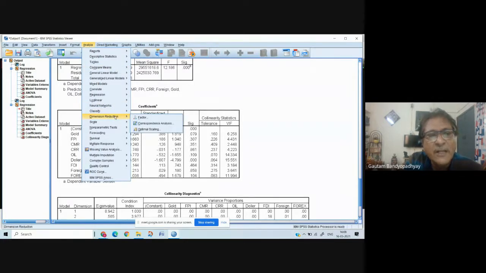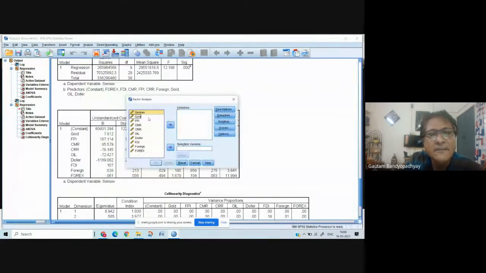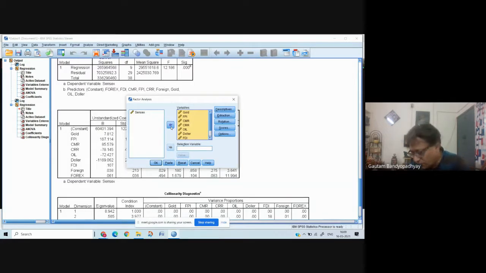Under Dimension Reduction, there is Factor. Excepting Sensex, we consider all variables excluding Sensex. So all 9 variables we consider and move into the right panel. And initially I told you for solving this case study, we'll consider the correlation matrix. So definitely there are some positions where I have to select the correlation matrix.